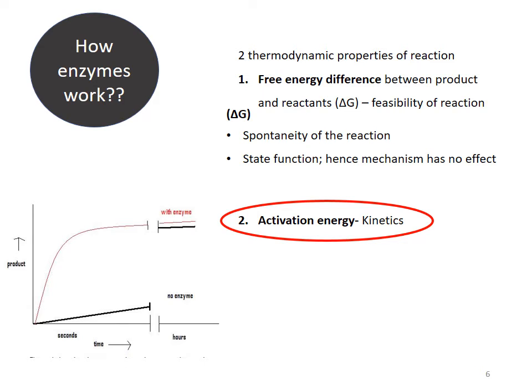But some reactions, even though they have a negative delta G value, won't occur easily, and this is due to another principle, the activation energy of a reaction. A simple example is the oxidation of sucrose to carbon dioxide and water. This reaction occurs in our body every millisecond, during respiration.